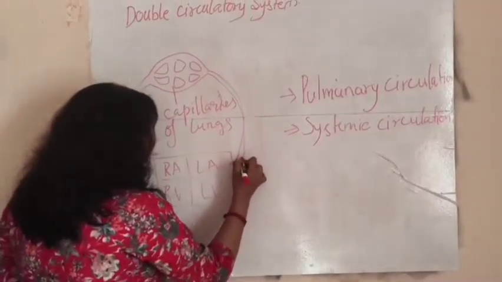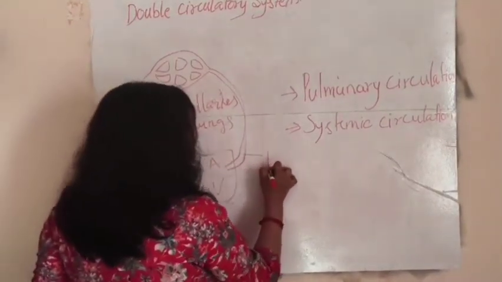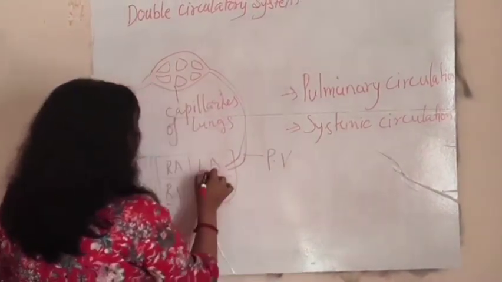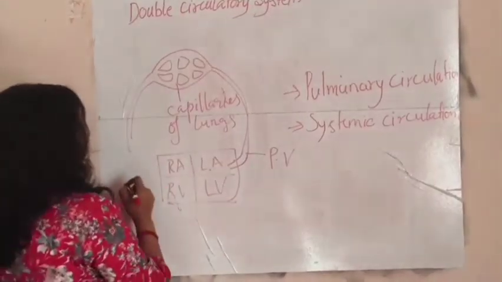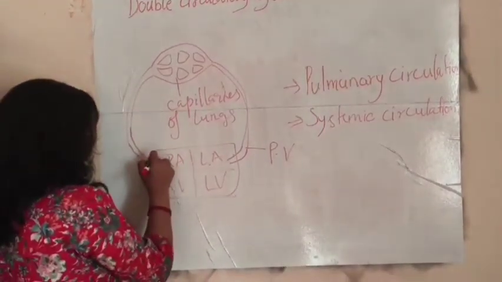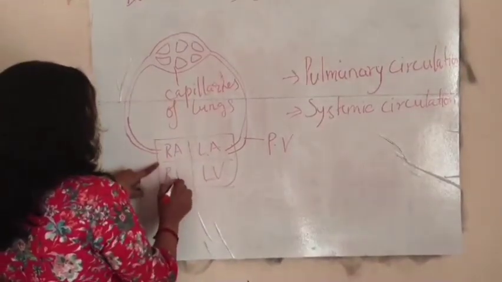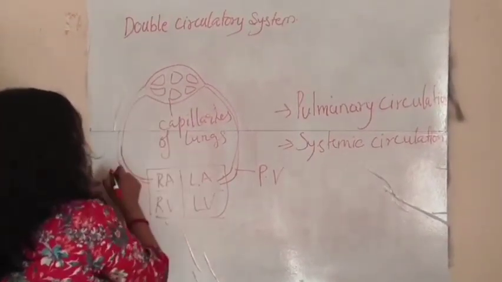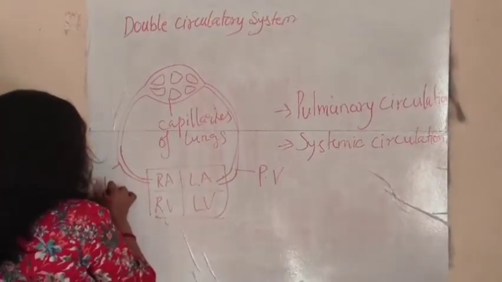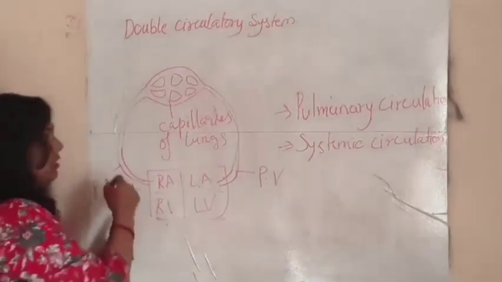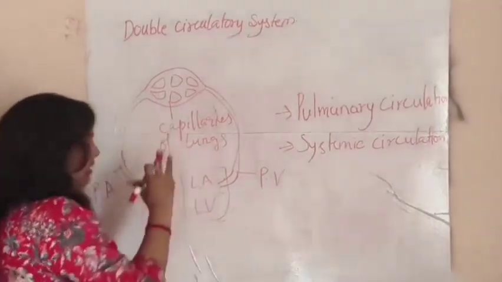So we know the oxygenated blood is coming from the pulmonary vein to the left atrium, and after the whole process, the deoxygenated blood is going back to the lungs through the pulmonary artery. Okay, we got the first circulation.